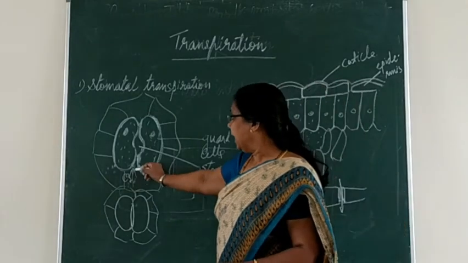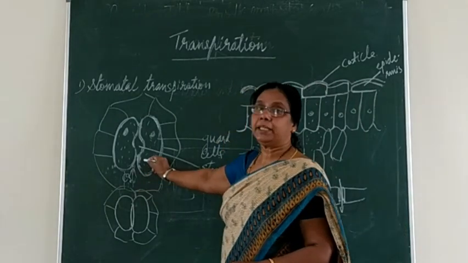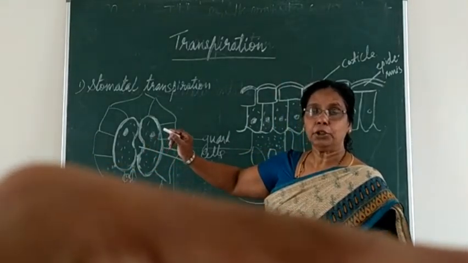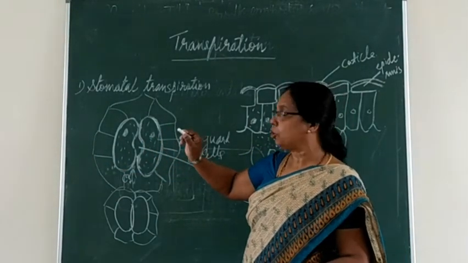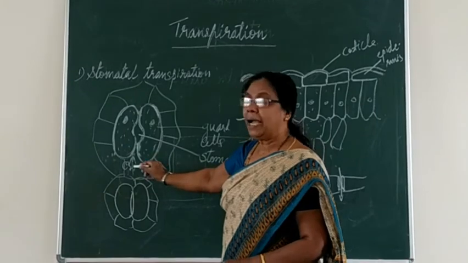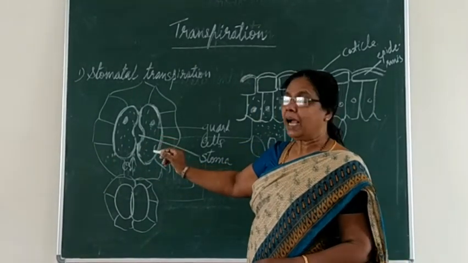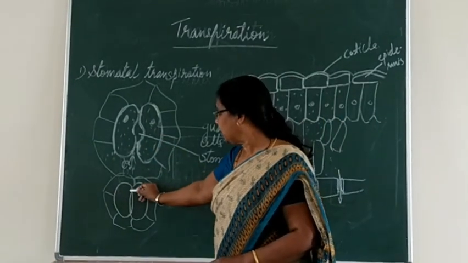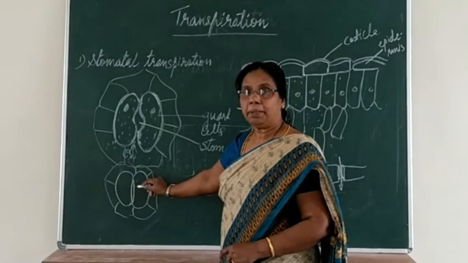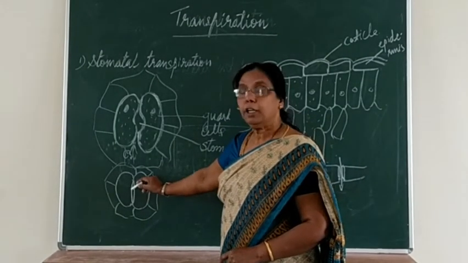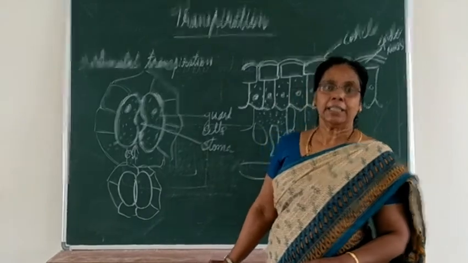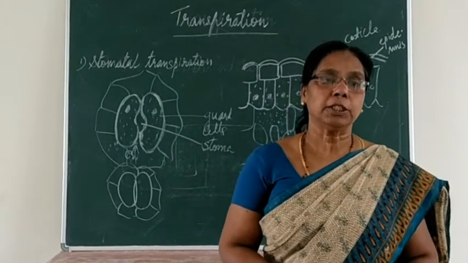Okay. Then again, as long as the stomata is open, that means usually during daytime, the stomata will be open and transpiration takes place, and during night time the stomata will automatically be closed and transpiration stops.